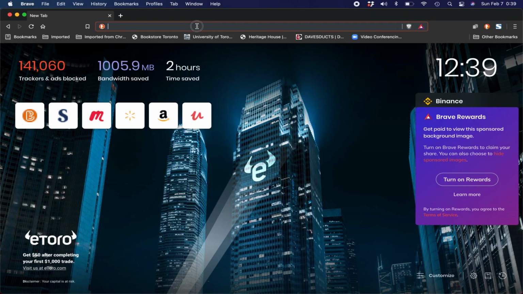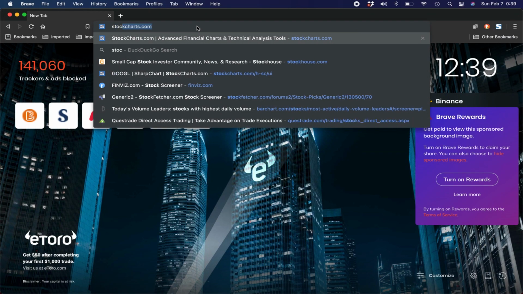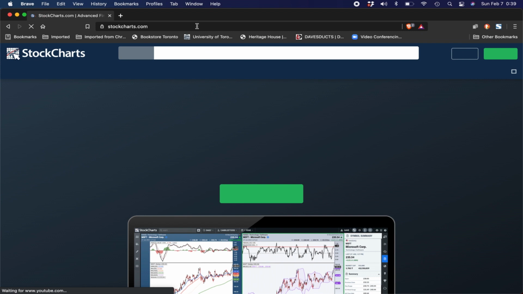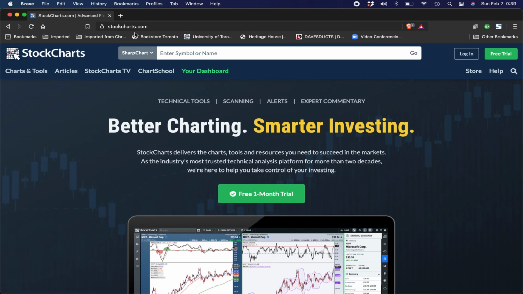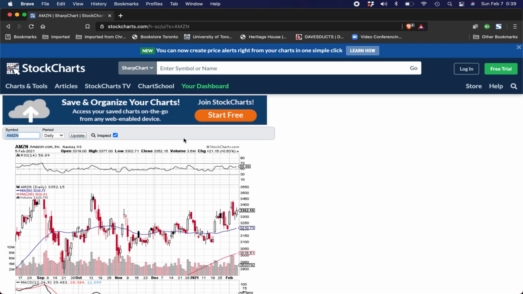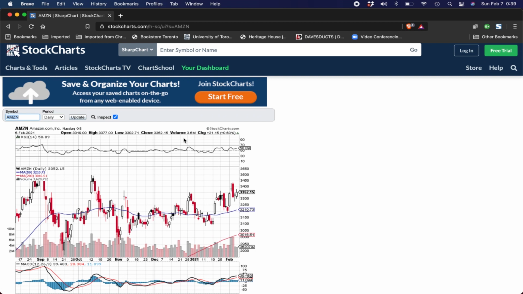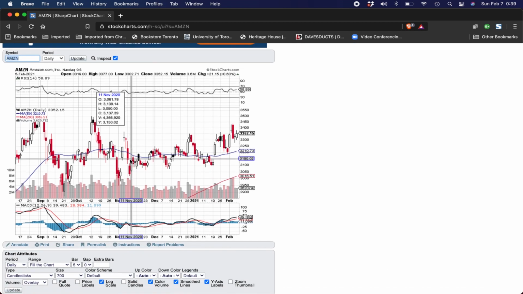Let's look at a stock chart to see if we can establish support and resistance levels or zones. For this, I'm going to take Amazon. Let's see what the stock chart looks like to see if we can pull the support and resistance levels. All right, it looks like in the past 6 months, Amazon has been trading pretty much in a range.